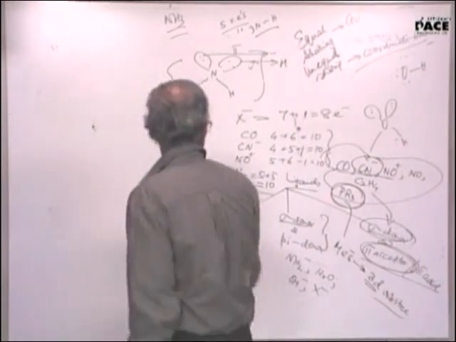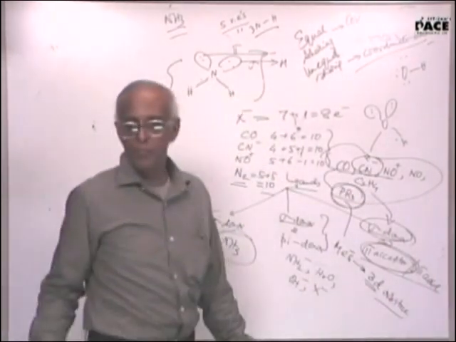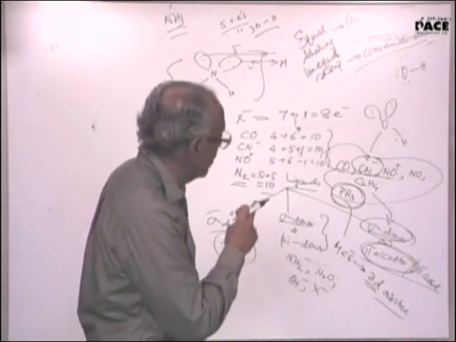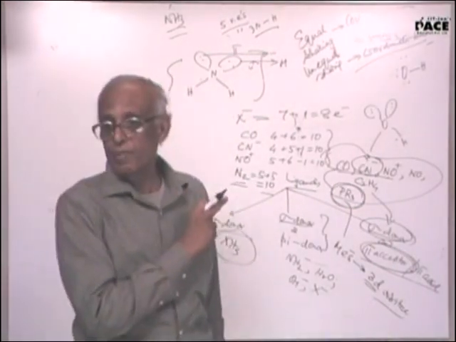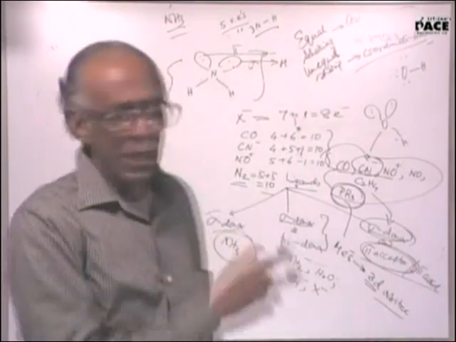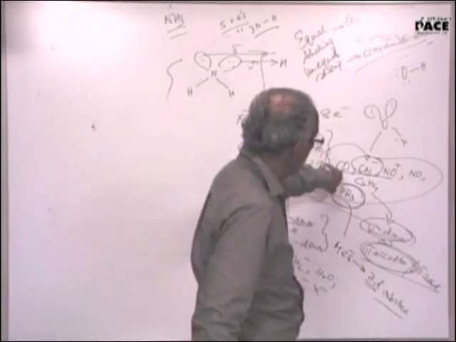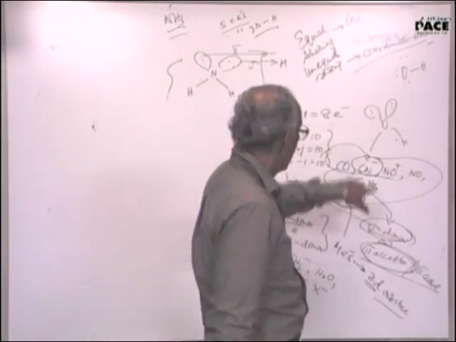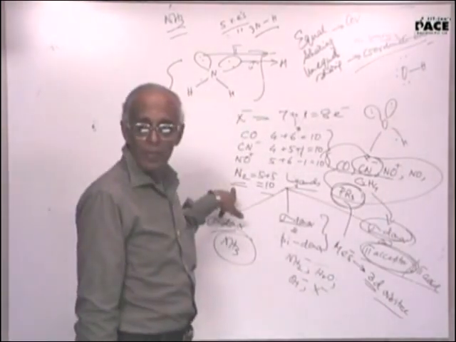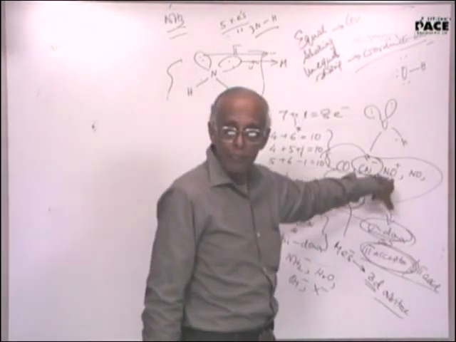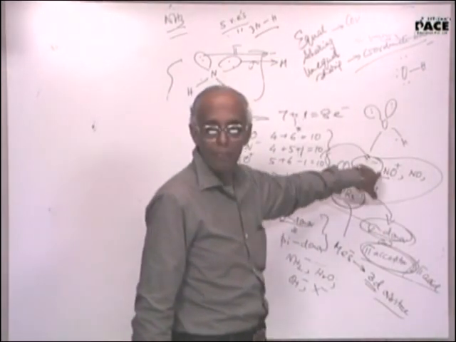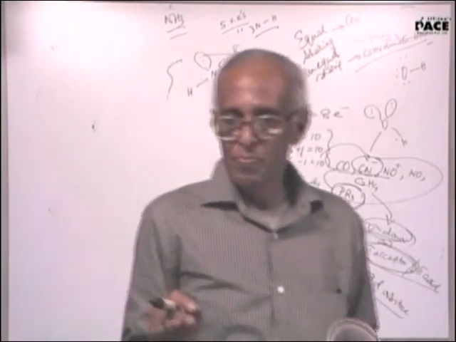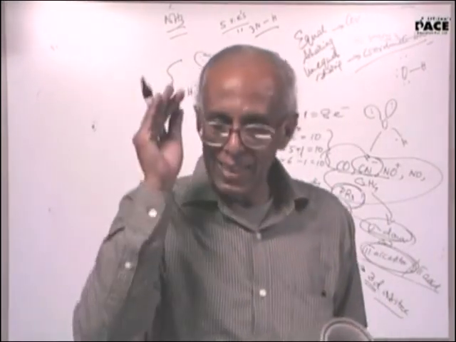Why did I say cyanide is a special type? Because cyanide is the only one which has a negative charge. You see all other cases, neutral, neutral, neutral, nitrogen, neutral, here positive, but in this case it is negative. Because of its negative charge, it has excess electron.